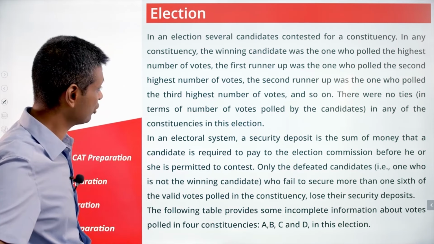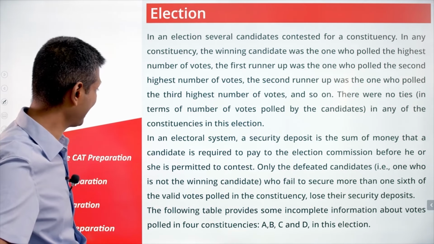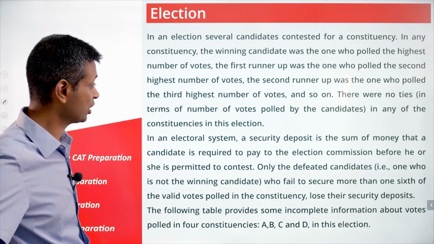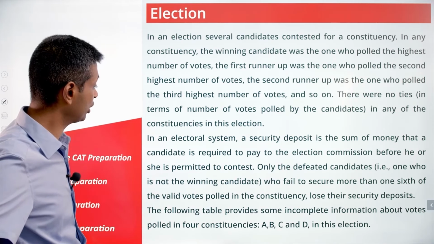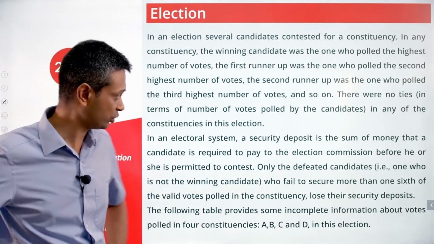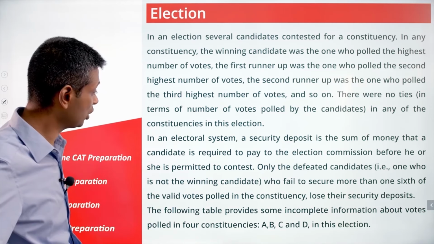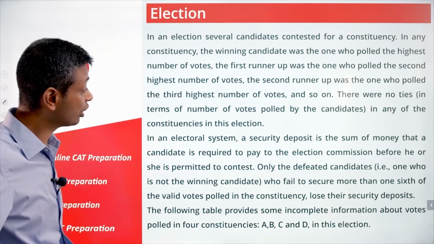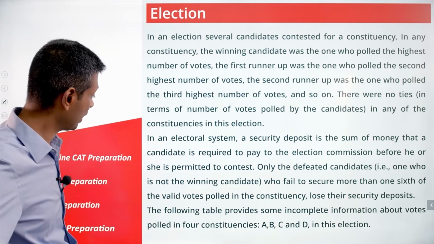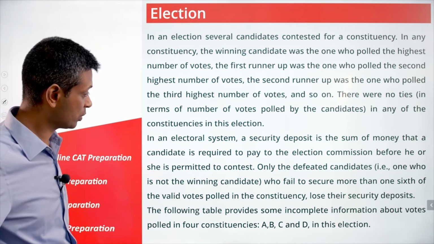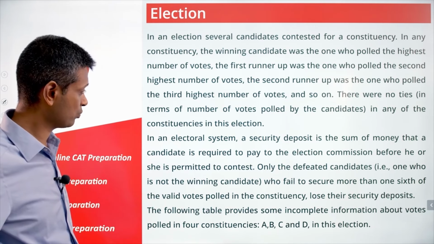In an electoral system, a security deposit is a sum of money that a candidate is required to pay to the election commission before he or she is permitted to contest. This is true. You should know this. Only the defeated candidates, that is, one who is not the winning candidate, who failed to secure more than 1/6 of the valid votes polled in the constituency, lose their security deposit.